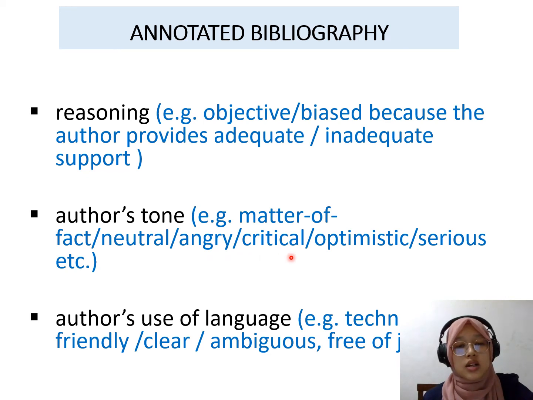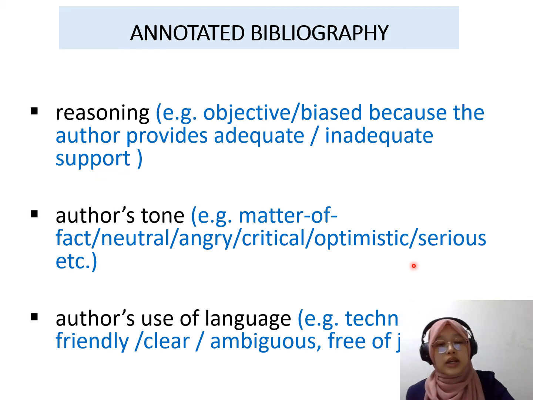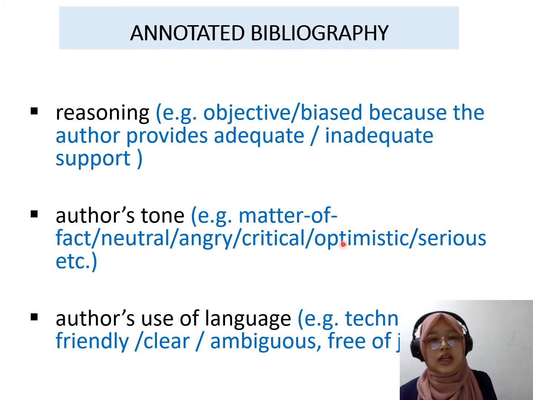Is it really in depth? Is it optimistic, or serious, like a serious issue, whether the authors elaborate it really well or not? So you can probably see all these kinds of tone. Identify the tone from the article.